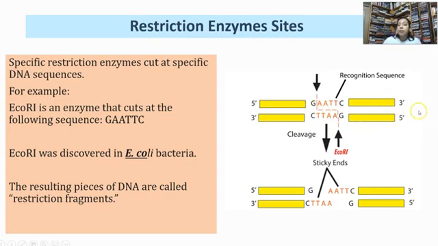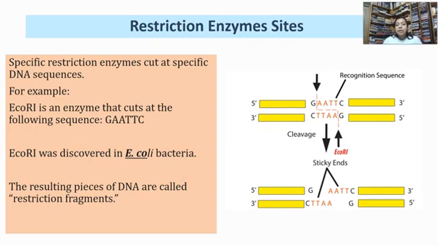Because those strands are anti-parallel to each other, it's going to cut at the G, leading to this overhang or sticky end with the remaining sequence. And that can help us create different combinations that wouldn't have existed otherwise.